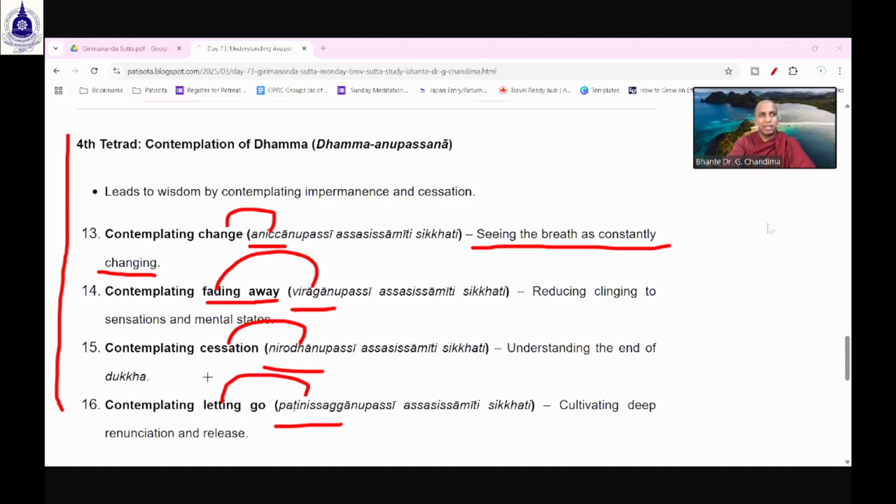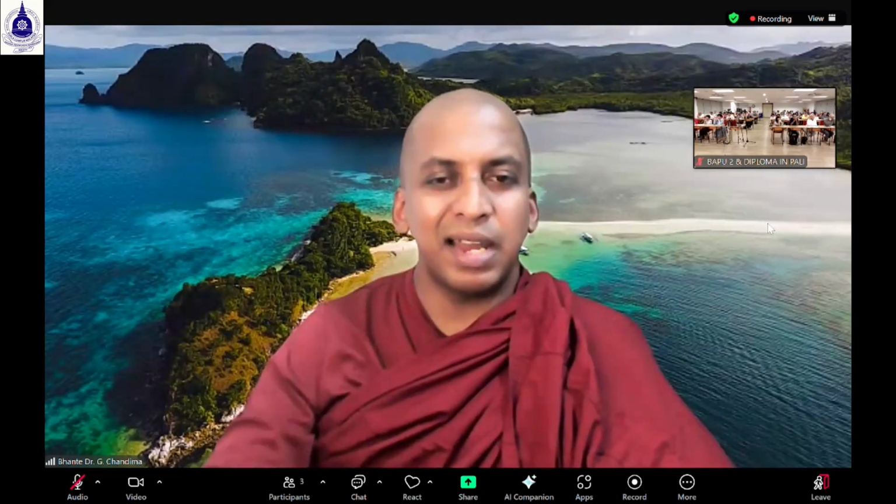Or you can even bring cessation. We call it nirodha. How to bring cessation? Have we been enlightened already to think about cessation? I told you, cessation can be understood even without being enlightened. How to understand cessation? Emptiness. Mahayana Buddhism talks about sunyata all the time, emptiness.